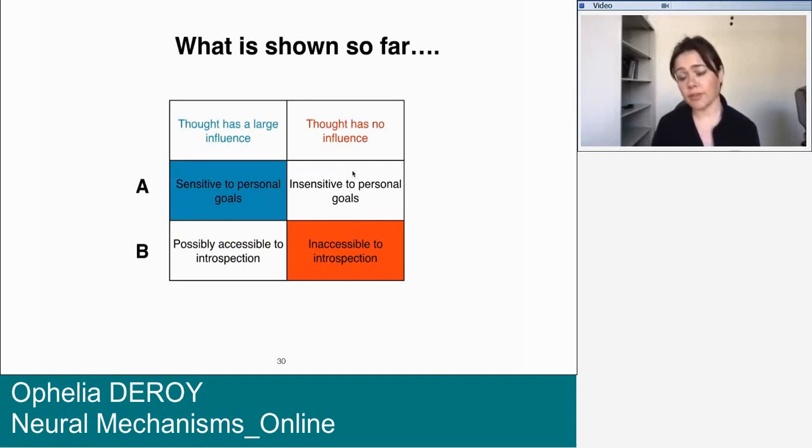But as far as reflective awareness is concerned, there was no sign that thought was capable of monitoring any influence, making it less clear that it was tapping into this introspective capacity of thought.